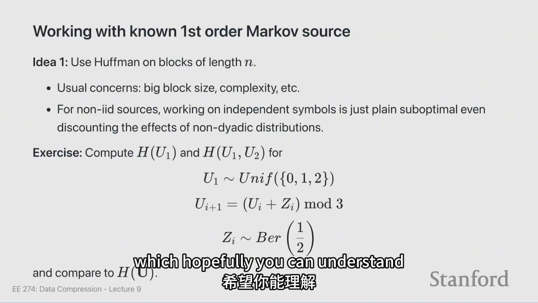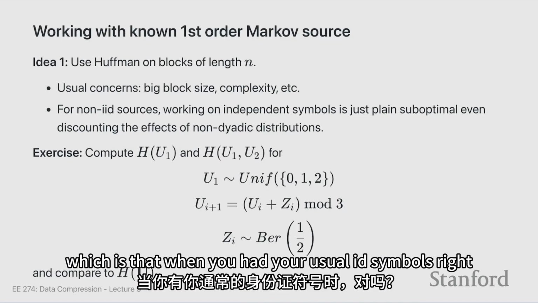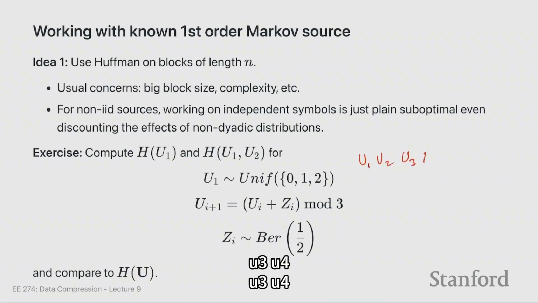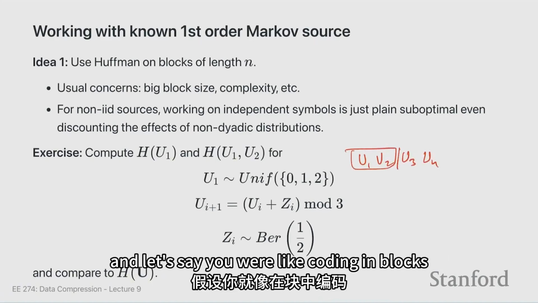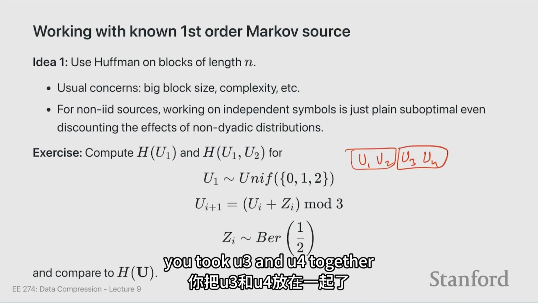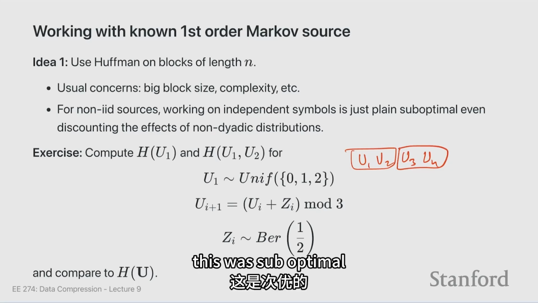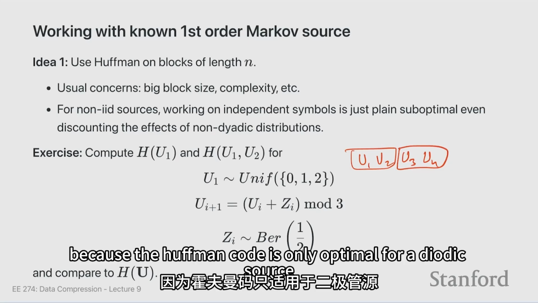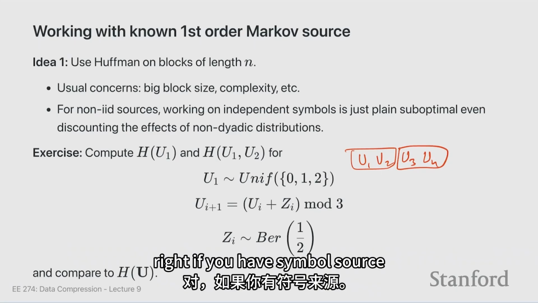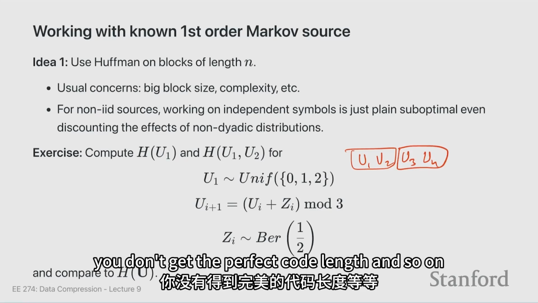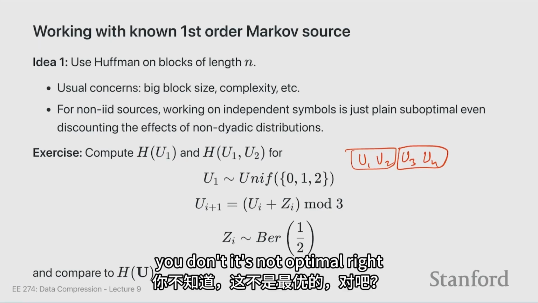When you had your usual IID symbols, u1, u2, u3, u4, and let's say you were coding in blocks, you took u1 and u2 together, you took u3 and u4 together. This was suboptimal because the Huffman code is only optimal for a dyadic source. If you have symbols whose probability is not a power of 2, you don't get the perfect code length, so it's not optimal.